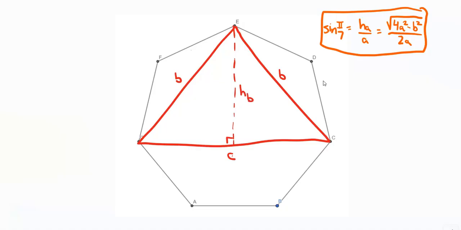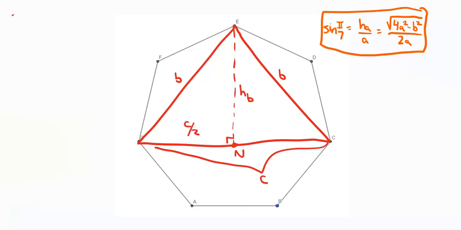We'll call this H sub B. Again, let's use just the letter N this time. So we have this length here of C. And of course, the distance from N to G over here will be C over 2.